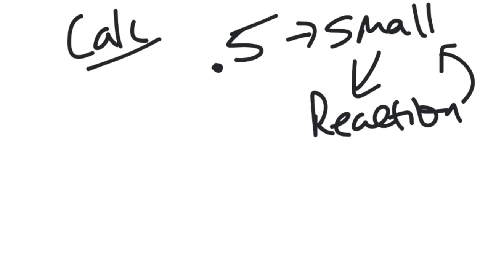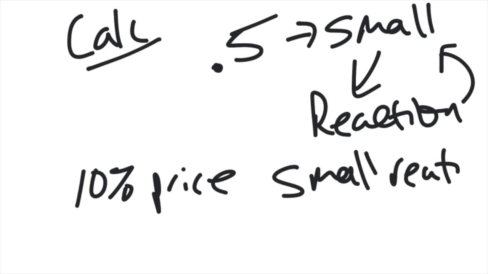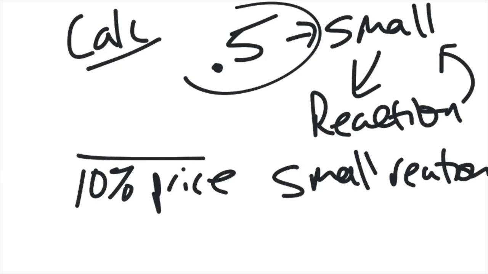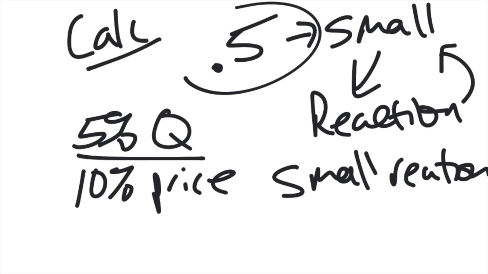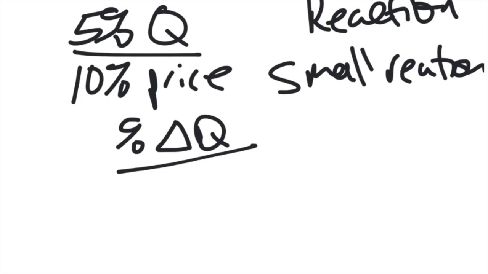That means if we had a 10% change in the price, we must have had a small reaction to get 0.5. All right, so that meant the 5% change in the quantity must go like that. All right, so to calculate elasticity, I should do it like this, the percent change in the quantity over the percent change in price.